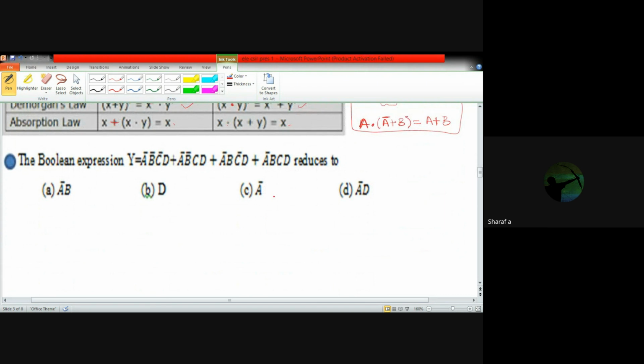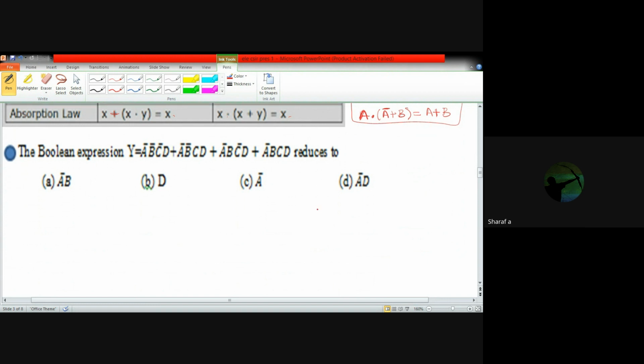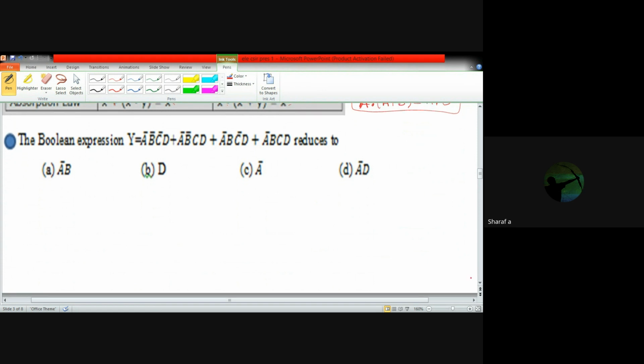We will also solve that by using some other techniques later. Option D, sir. Okay, let me do that.